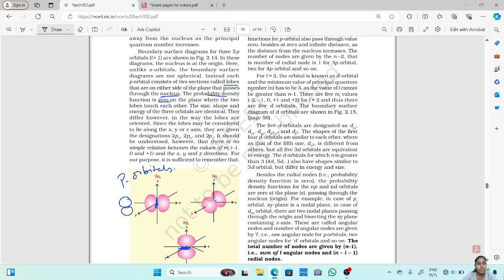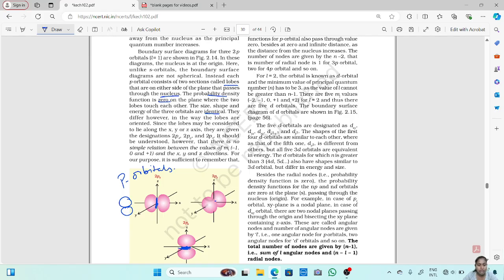The size, shape and energy of these three orbitals are identical. They differ, however, in the way the lobes are oriented. So their size, shape and energy are the same for all three, but the orientation is different.